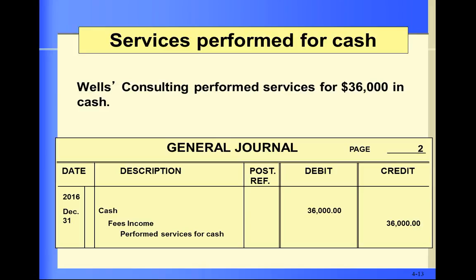At the same time, we have to record the money coming into the company as revenue. We do this with an account called fees income. Since it is a revenue account, the balance is increased with a credit entry. So we enter $36,000 on the credit side for fees income, and we put in a memo to let us know that we've performed services and we're paid cash for those.